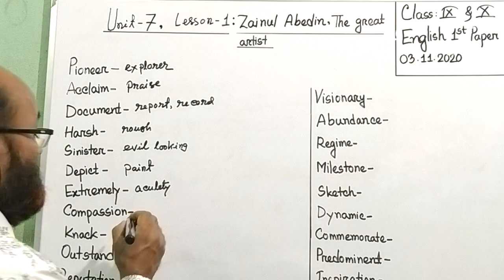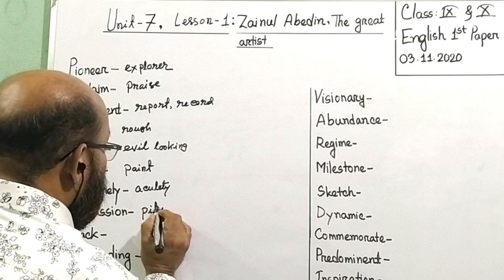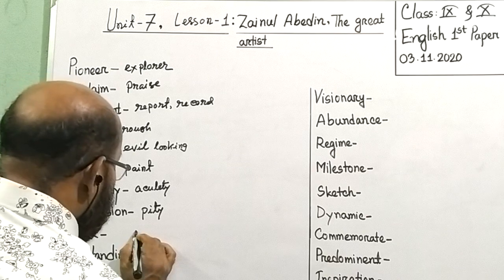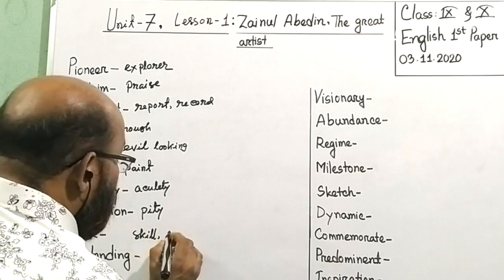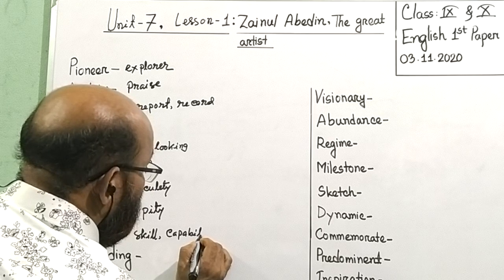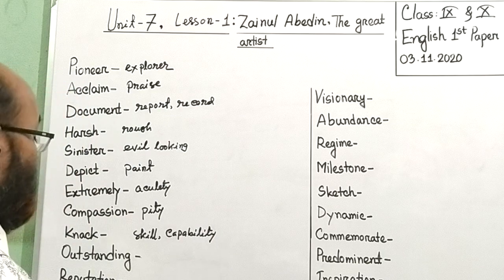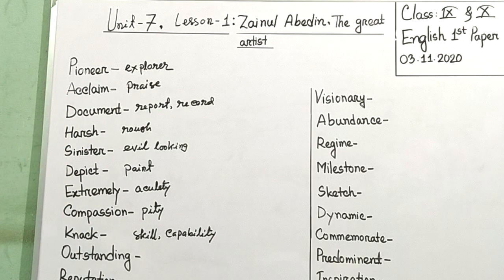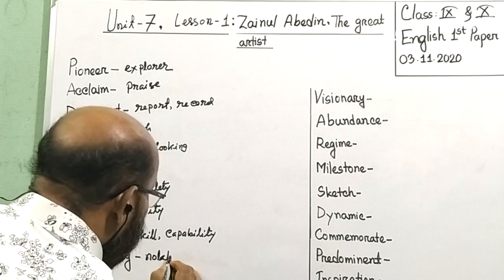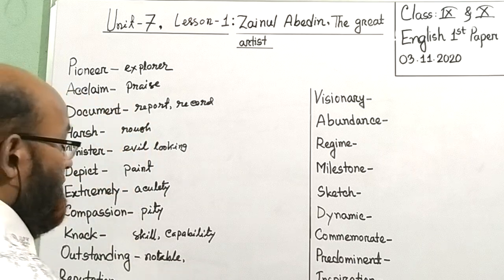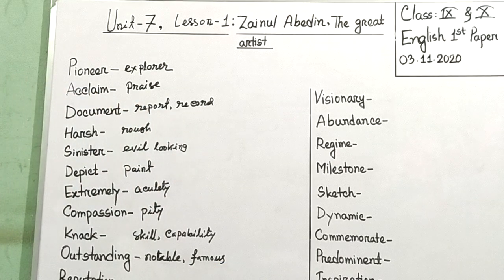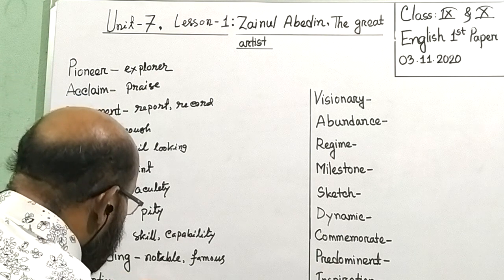Compassion means pity. Knack means skill or capability. Outstanding means notable or famous.